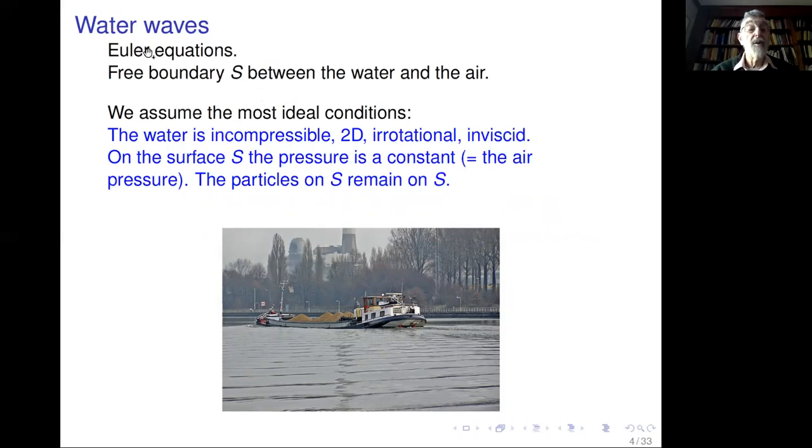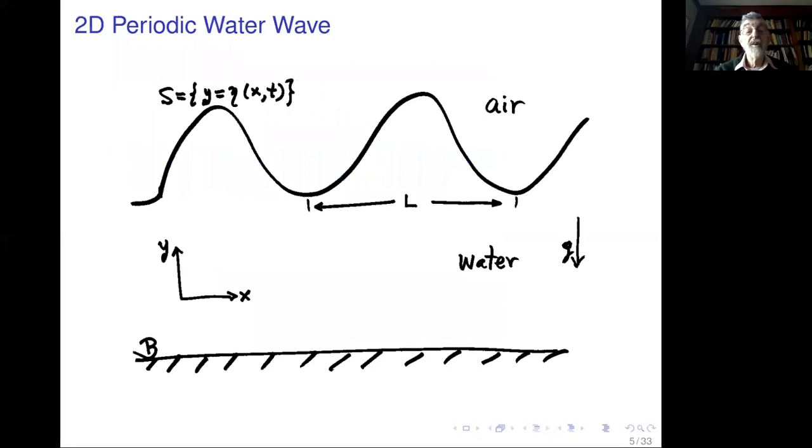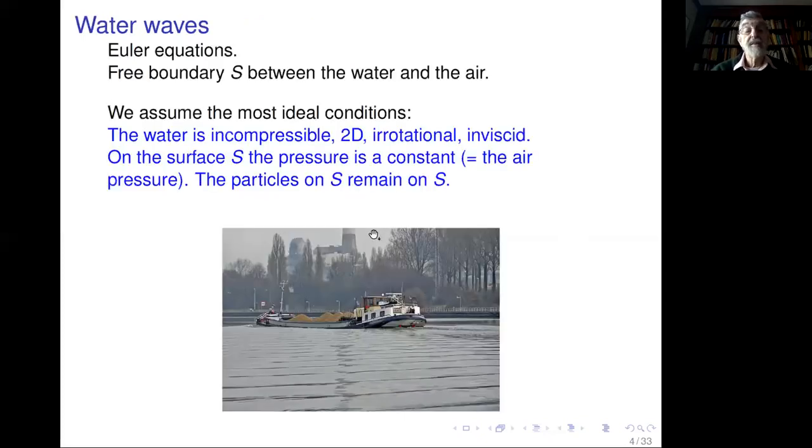Besides the Euler equations for the water, we're assuming it's incompressible and two-dimensional. That means it's like this picture where in one horizontal direction, it's basically the same. So you just look at the cross section, like in the next picture. You don't consider the other horizontal variable. That's quite frequently studied. And it's irrotational flow and there's no viscosity.